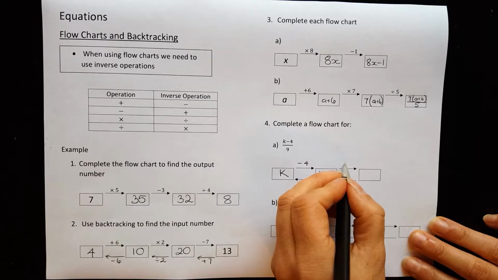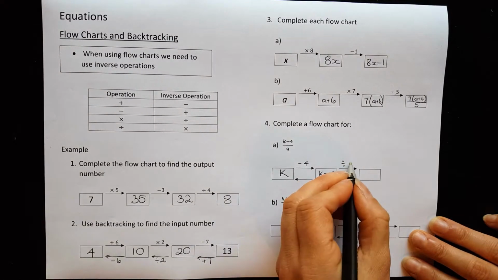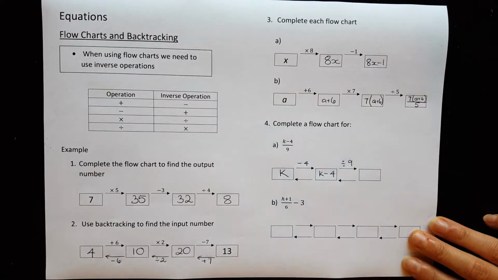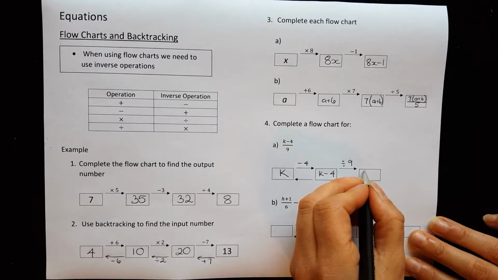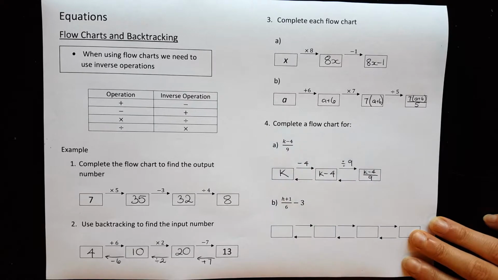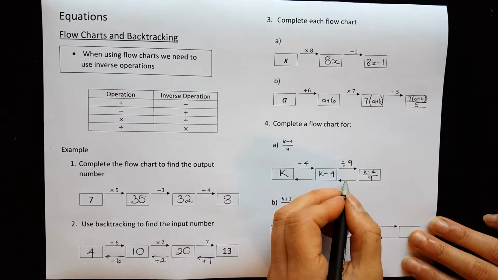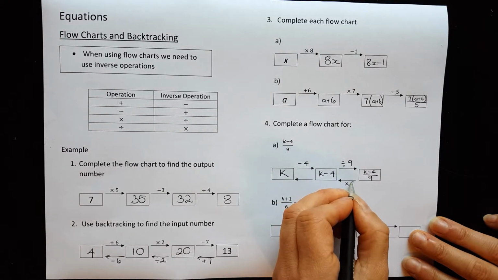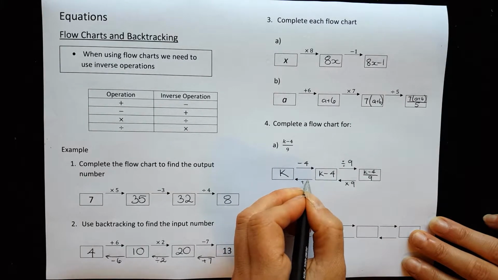Then I would divide that whole expression by 9 so that I would get my final expression, k minus 4 over 9. And of course, to fill in the arrows going backwards, it would be times by 9 and plus 4.